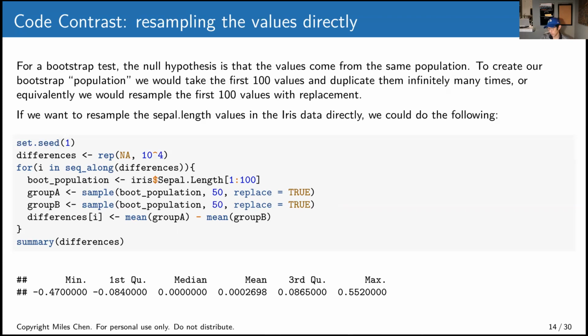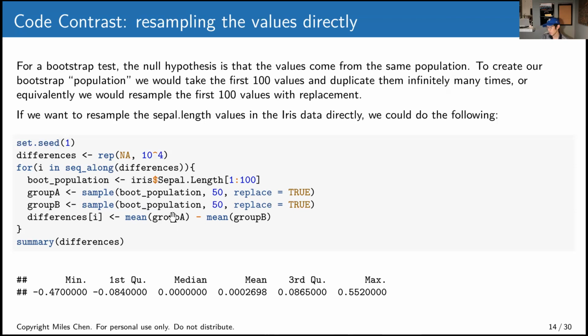So here I'm going to put all 100 sepal length values into what we call the bootstrap population. Then I'm going to randomly sample 50 values from the bootstrap population and throw them into group A, and select 50 values from that bootstrap population and throw them into group B.